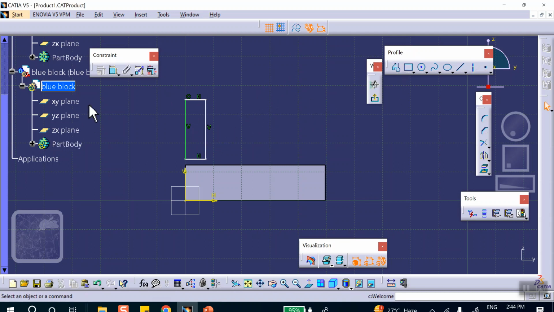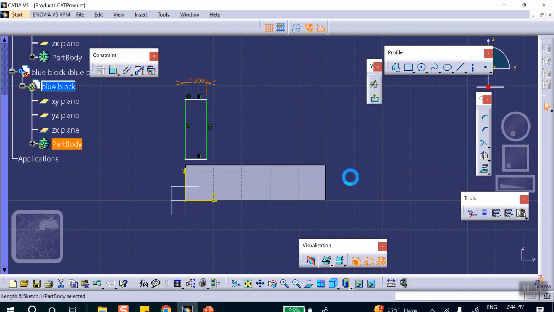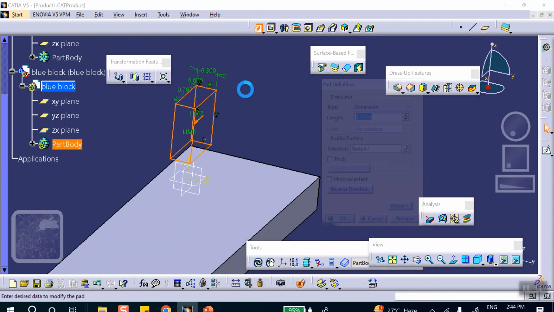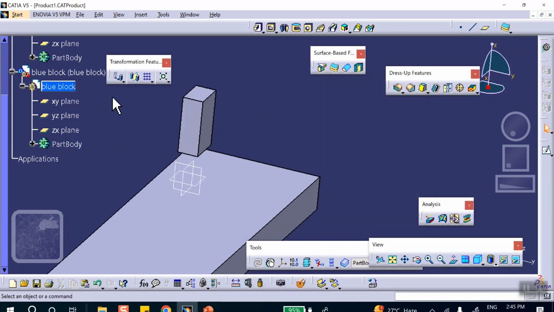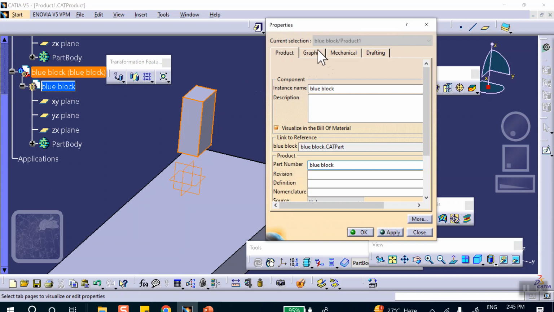Exit. You know what? Just so that they look the same size, I will make this thing 0.3. Okay, exit. And I'll make this thing, I don't know, maybe about half an inch, 0.5. Yeah, okay. Why don't I change the color of it too? Right click, properties, make it blue.